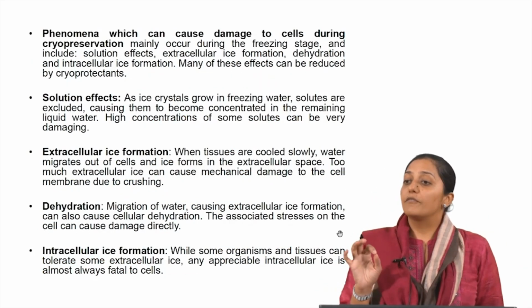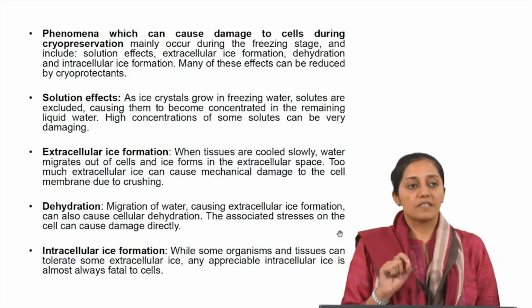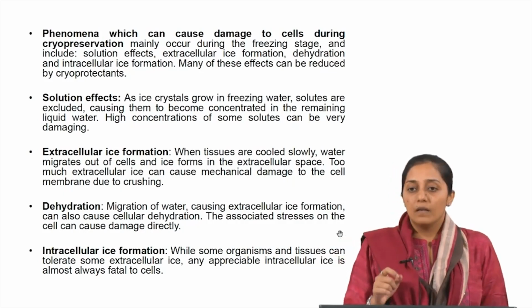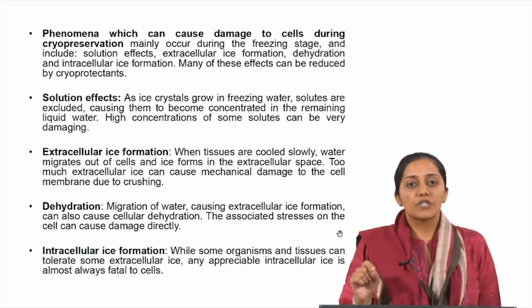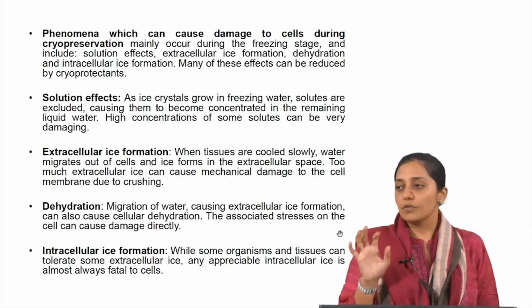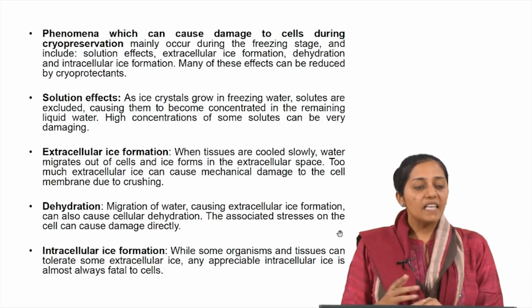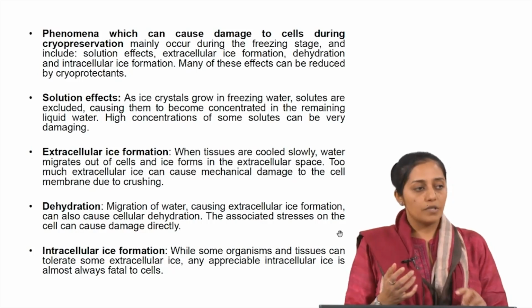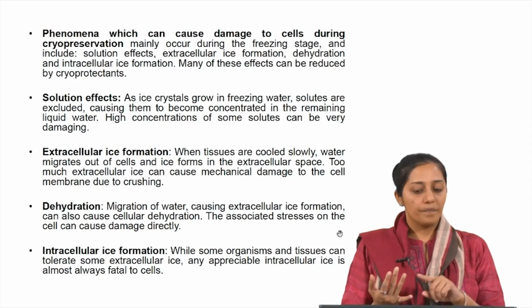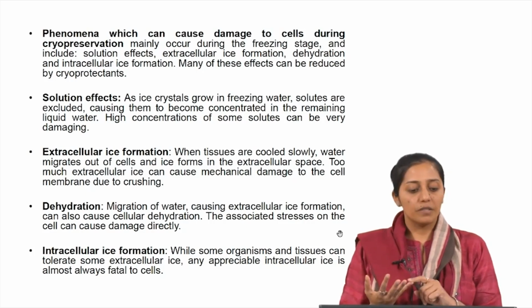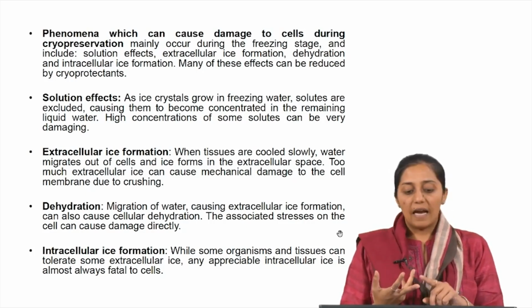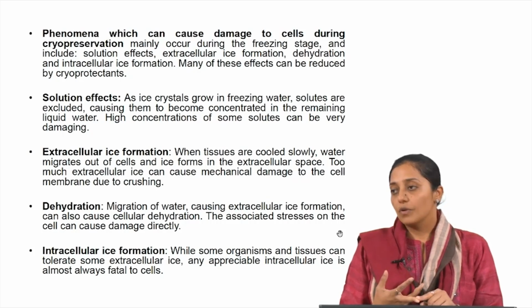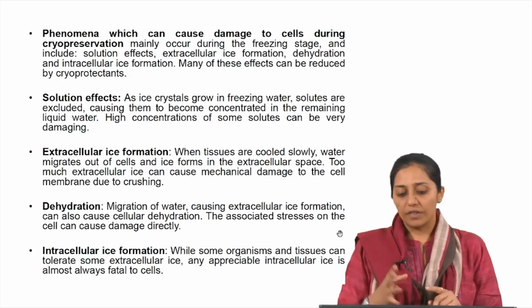So, what are the different ways through which these cryoprotectants work? The phenomena which can cause damage to the cells during cryopreservation. So, what is the phenomena? Mainly occurs during the freezing stage and includes solution effects, extracellular ice formation, dehydration and intracellular ice formation. So, what do we mean by all these four things?